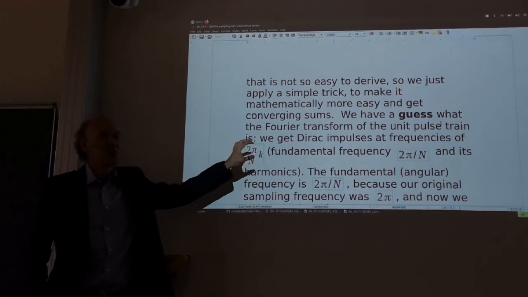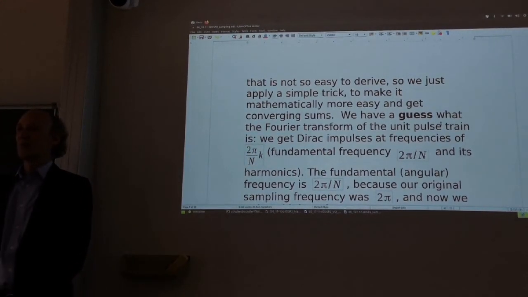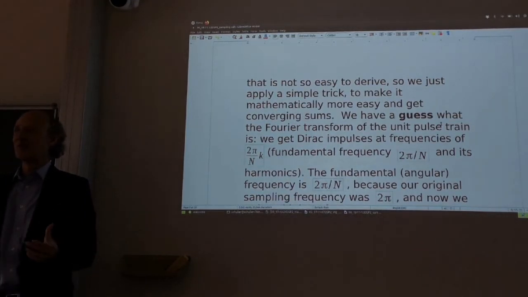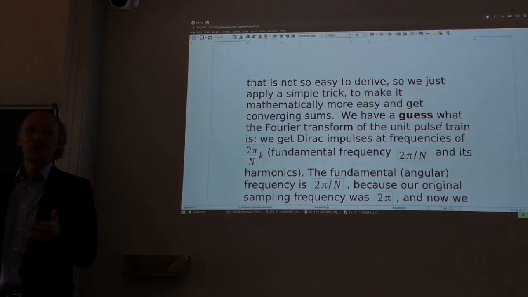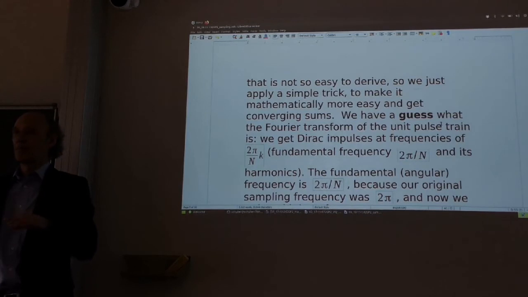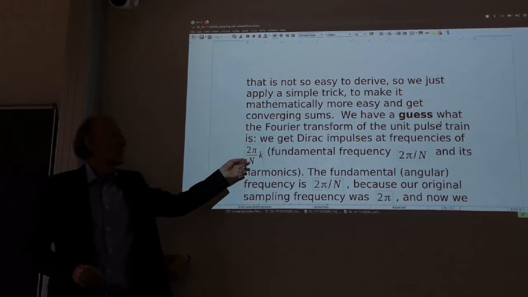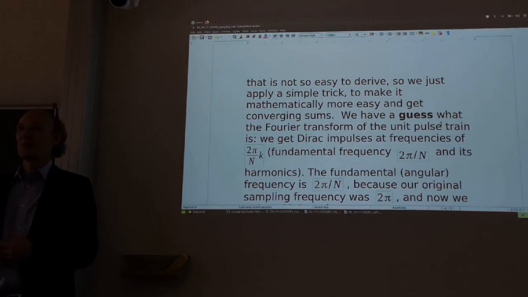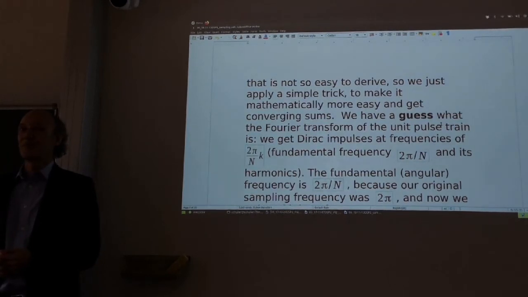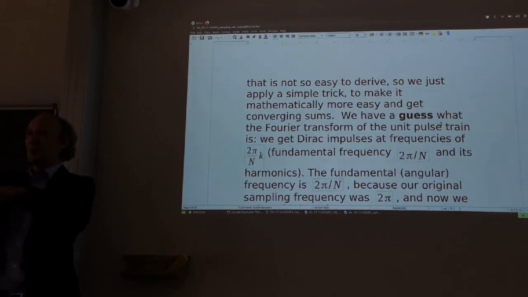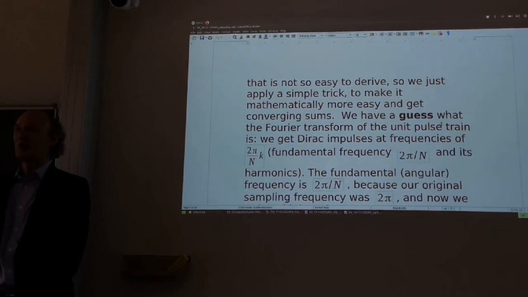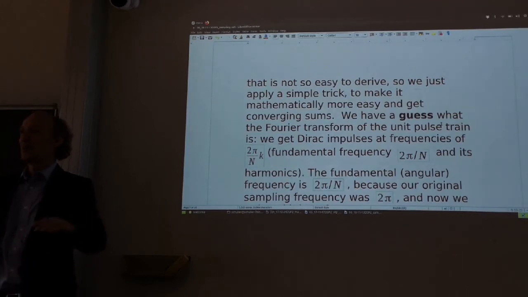So what is frequency 0? How can you interpret frequency 0? It's DC. Have you heard about DC? Direct current. So that's the constant, non-changing part. So why do we have DC here? Remember we have ones. How do you compute DC? If you have a signal and you want to know how much DC you have in your signal, how do you compute it?